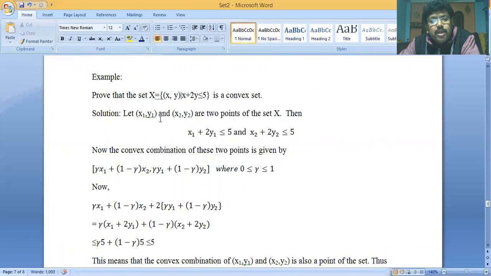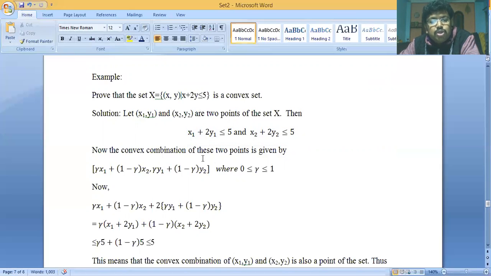Let x1, y1 and x2, y2 be 2 points of the set X. Then x1 plus 2y1 is less than or equal to 5, because x plus 2y is less than or equal to 5. And in the same way, x2 plus 2y2 is less than or equal to 5.